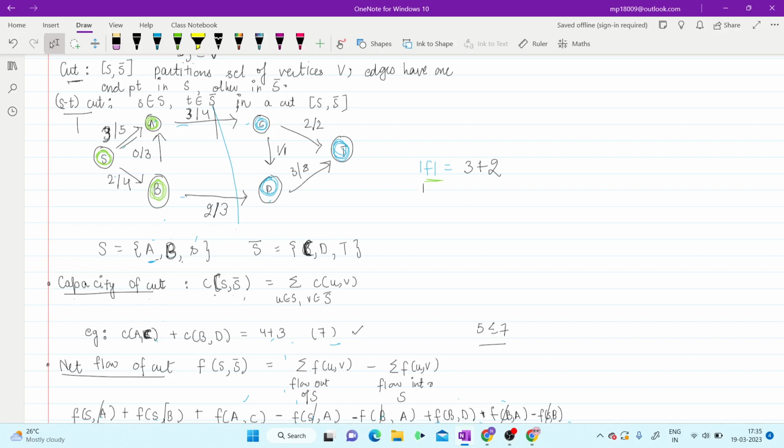So when we are assigning these integers, this is just one example of a flow. When I refer to total flow, I mean the value of flow for this particular function f.